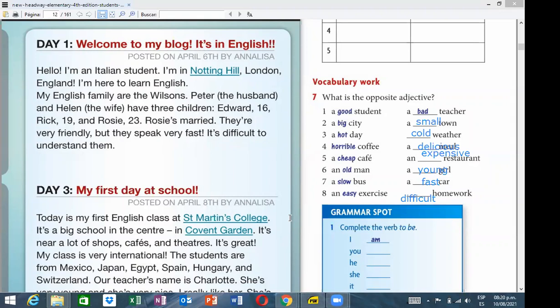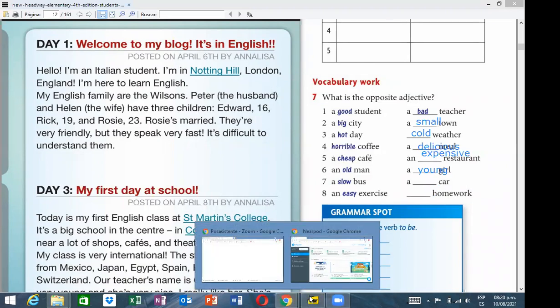Okay, students, please don't forget, okay? The pronunciation is very, very important. That's why we are practicing that part. And here, students, be ready because you have to complete that exercise.